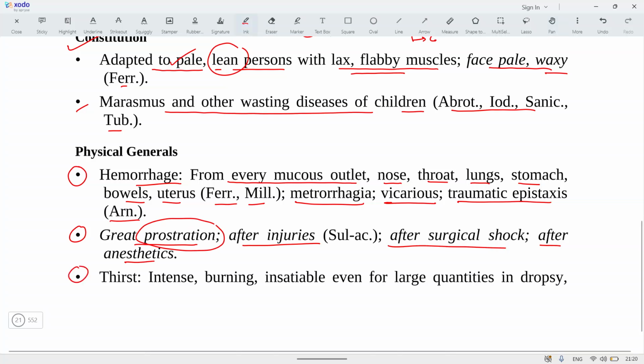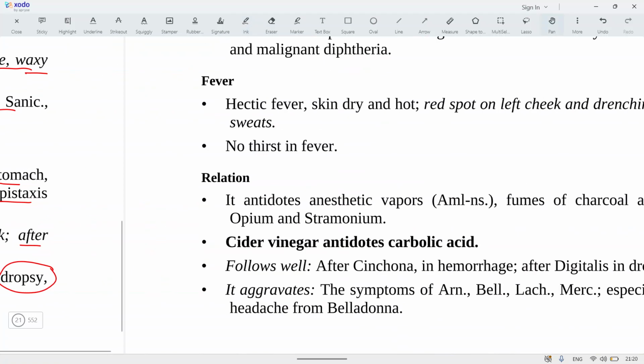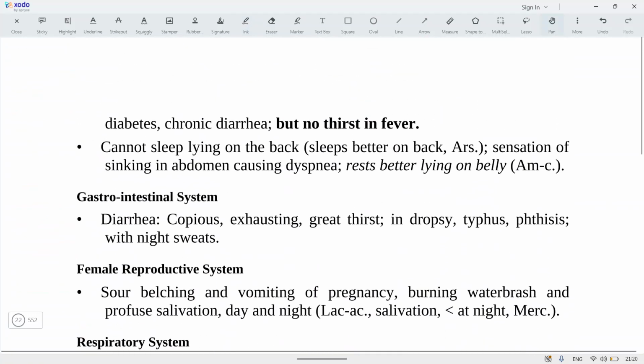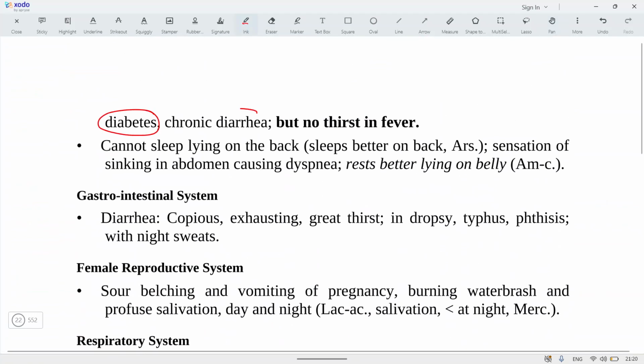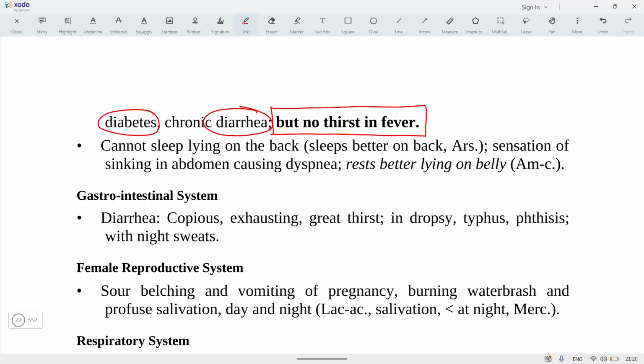The third point is the most important, the thirst. This intense burning, insatiable thirst, satiety is never met for large quantities of water, in dropsy, in diabetes, in chronic diarrhea, the most important, but no thirst in fever. That means acetic acid patients have much thirst during all those diseases, which is normal because dropsy means a generalized edema where the requirement of fluid in our body increases.